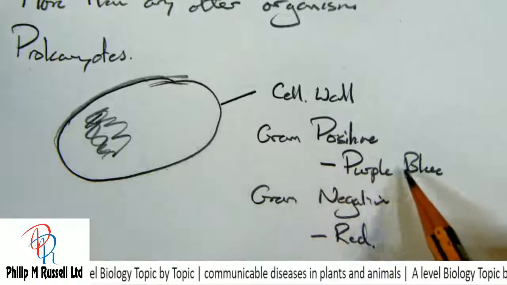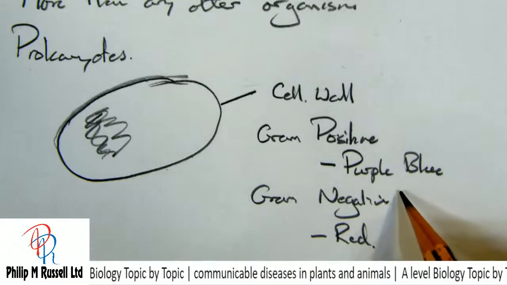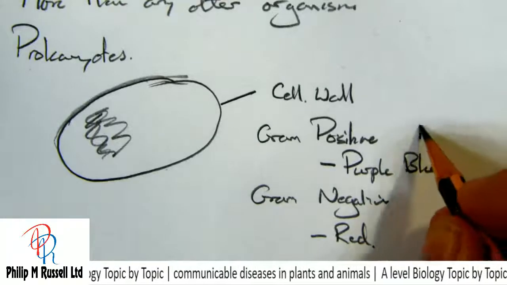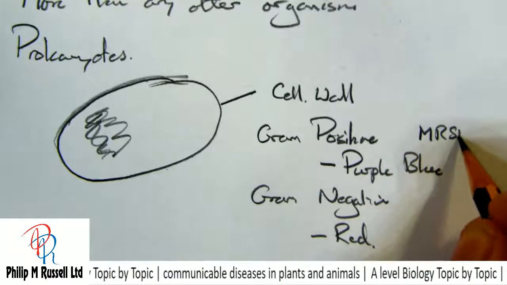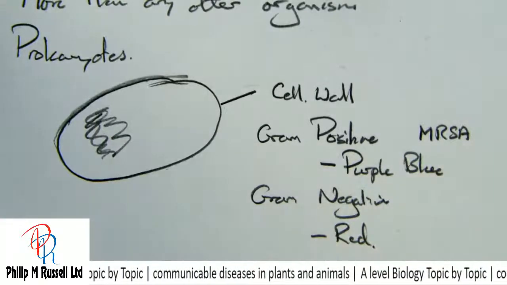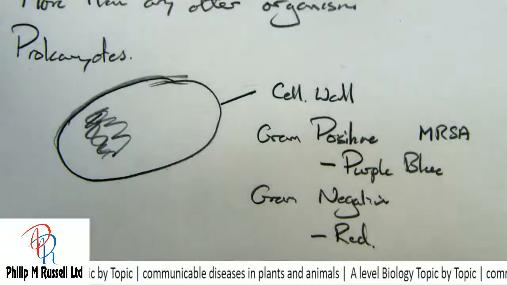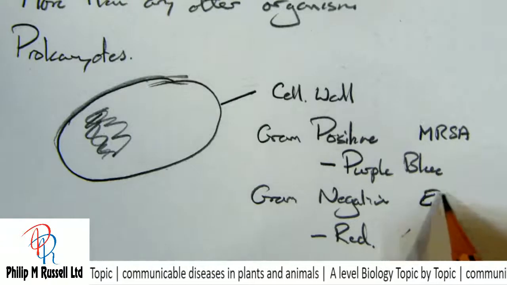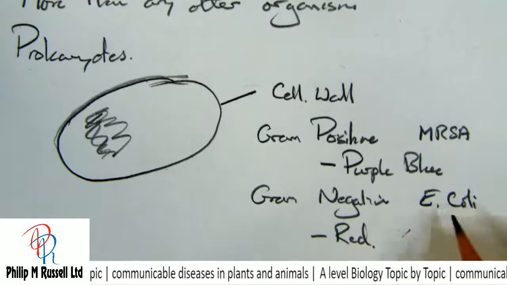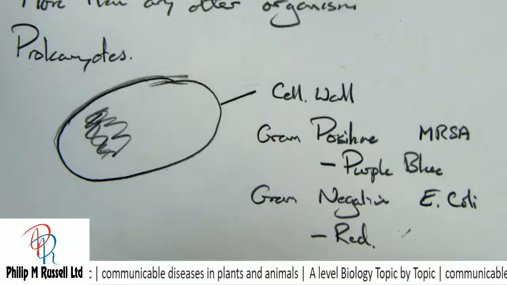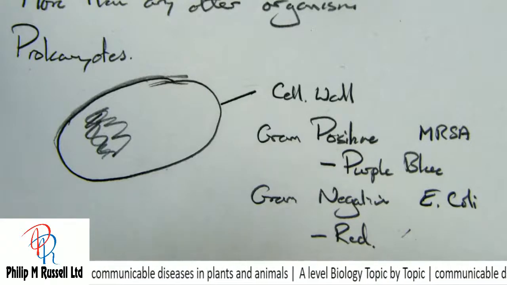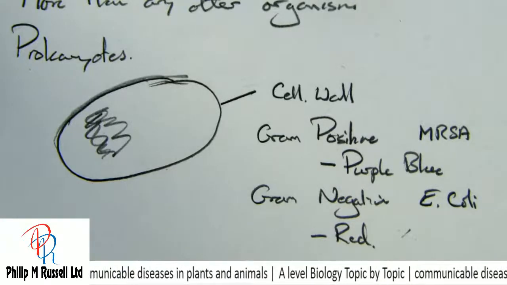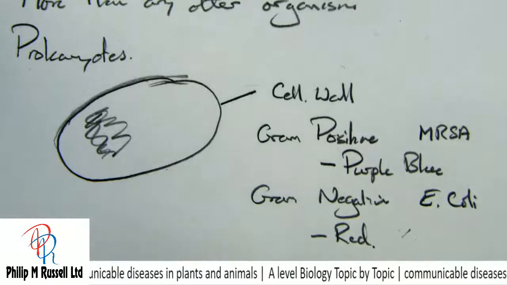Gram positive would be probably our Staphylococcus aureus, our famous MRSA. The gram negative, on the other hand, something like the gut bacteria, something like E. coli.